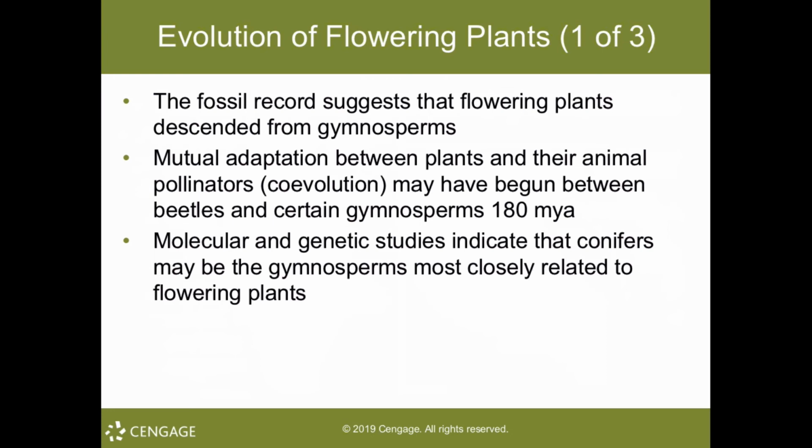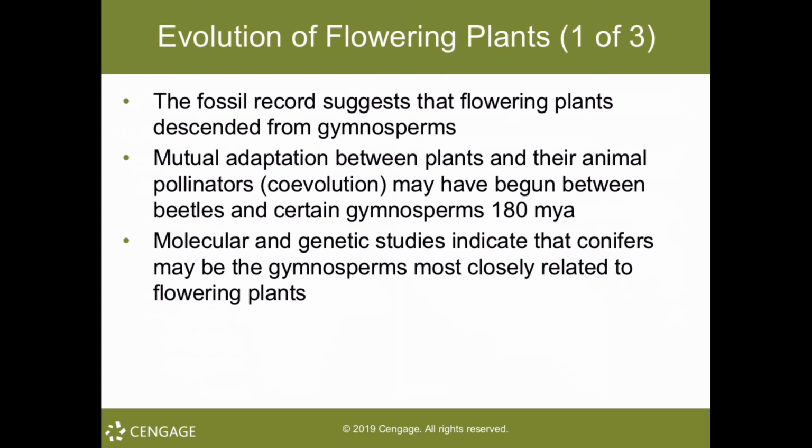So it was adaptation between the plants and their animal pollinators, meaning that coevolution, I would say, began by way of, it says here, the beetles and certain gymnosperms approximately 180 million years ago. Several gymnosperm lines existed with features resembling those of flowering plants. What parts? Well, leaves with broad blades, and the first modified seed-bearing leaves. You know those cones?